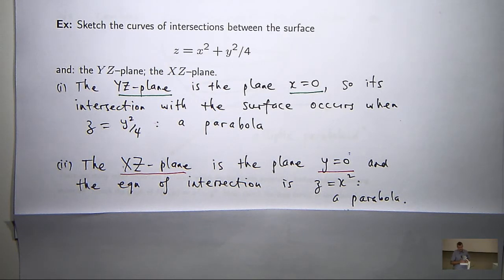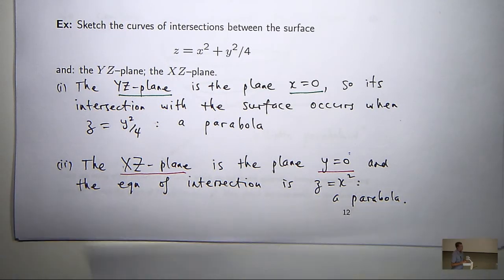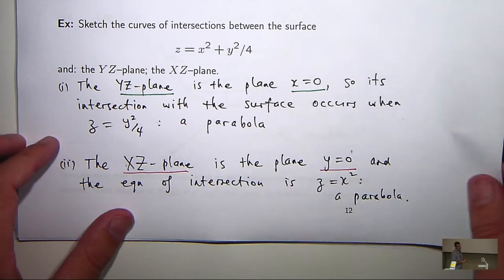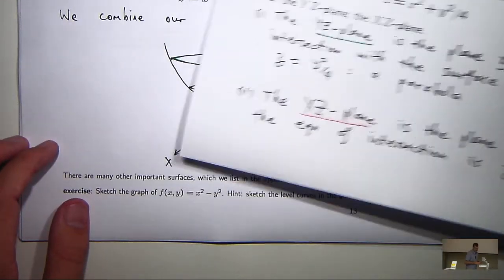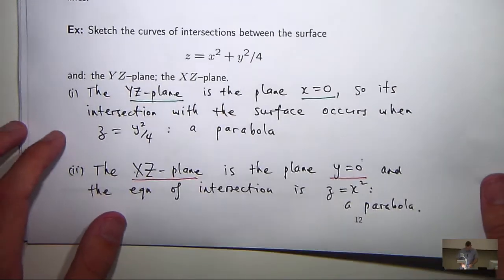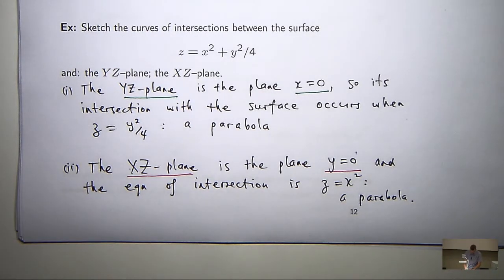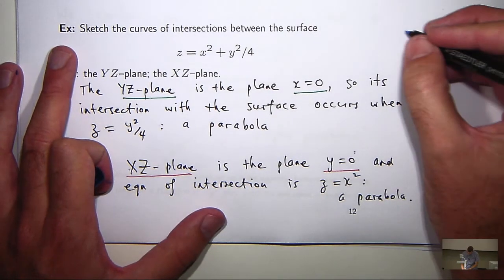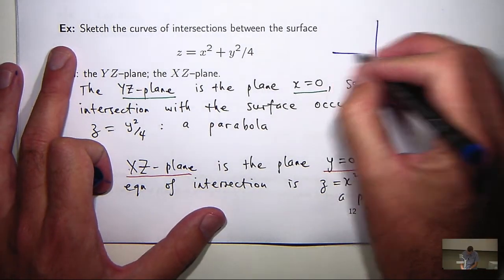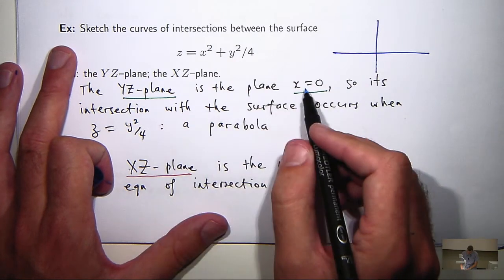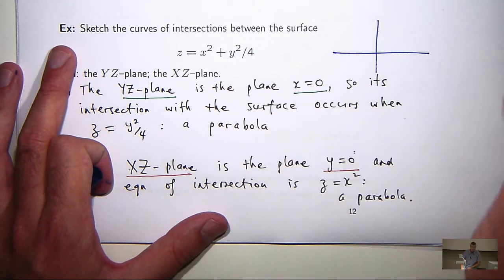All right, so okay. So for the first one, essentially I've let x equals 0, so I'm going to be drawing it in the YZ plane. So basically I just want to draw this parabola. It's going to look something like this.